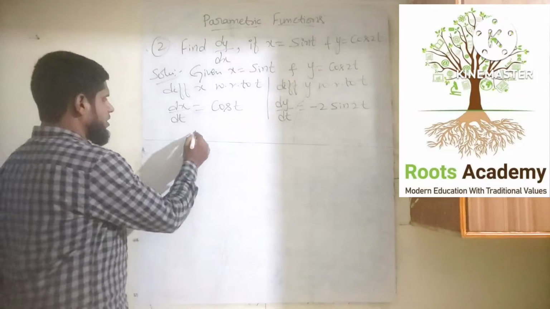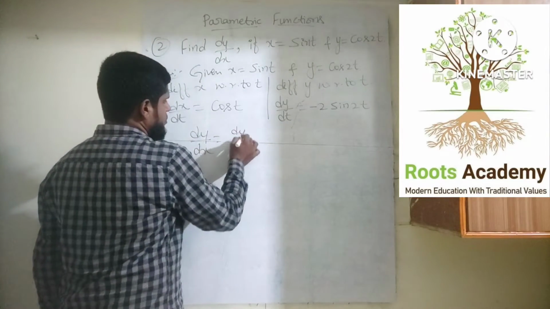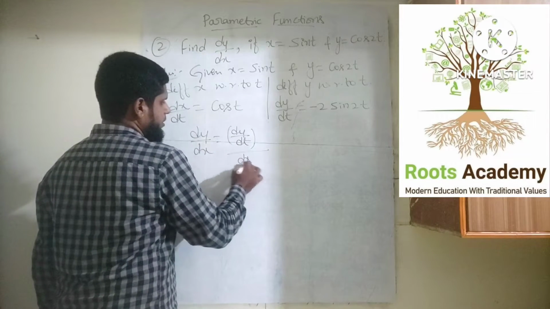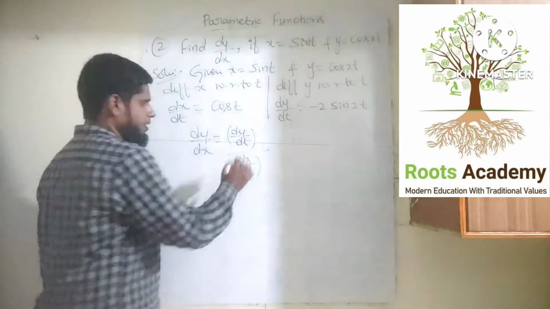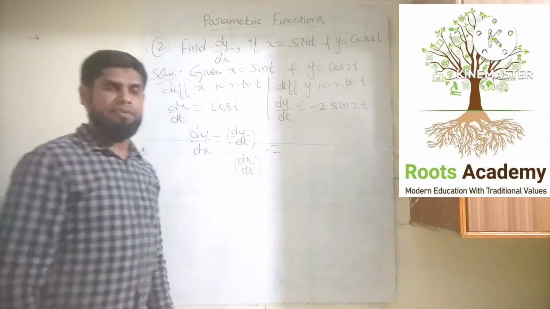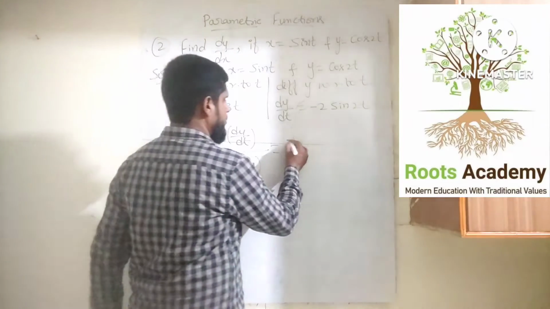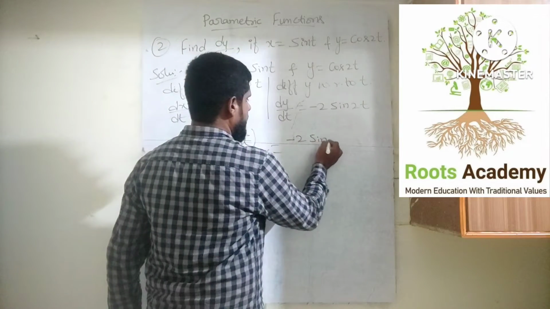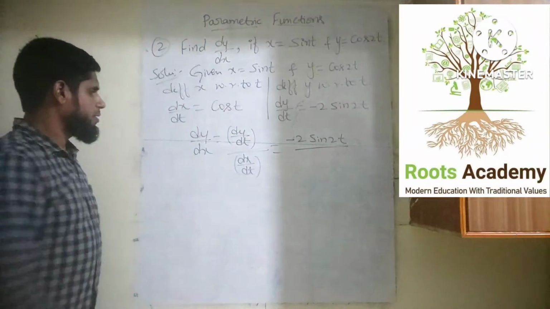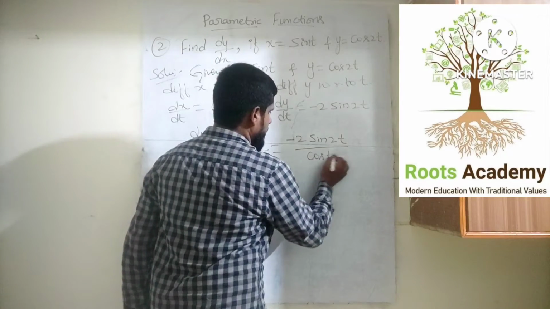So dy by dx here is dy by dt whole divided by dx by dt. So here our dy by dt is minus 2 sin 2t divided by dx by dt, which is just cos t.